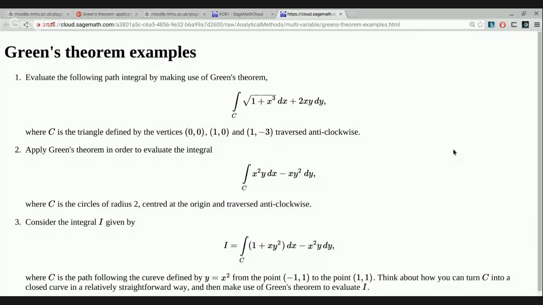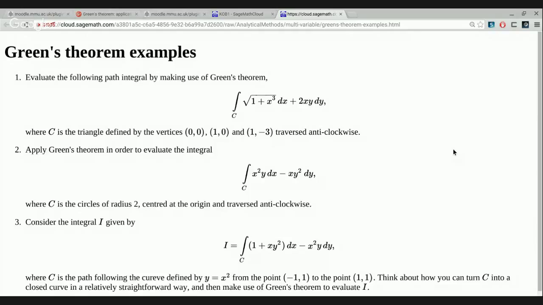But you have to be a little bit creative, not too creative, but a little bit on the ball to see that you are free to add to the curve to make it a closed curve, and then recover the original integral later on. Okay. So this is the integral we're asked to do.